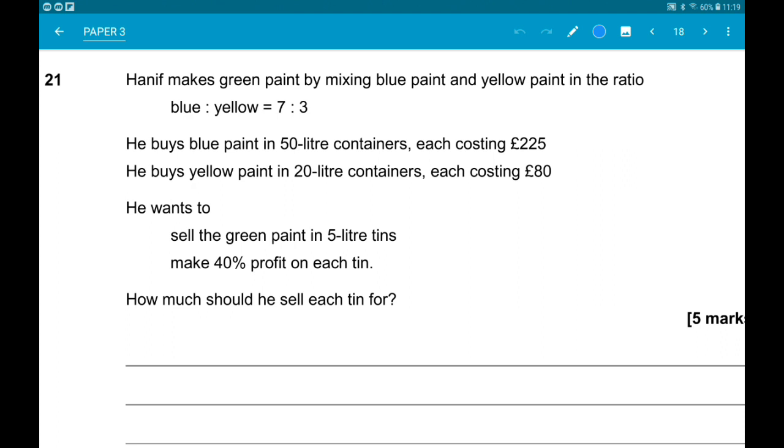So, cost of 1 litre of blue, so it costs him £225 for 50 litres. So to work out the cost of 1 litre, we do 225 divided by 50, which is £4.50.